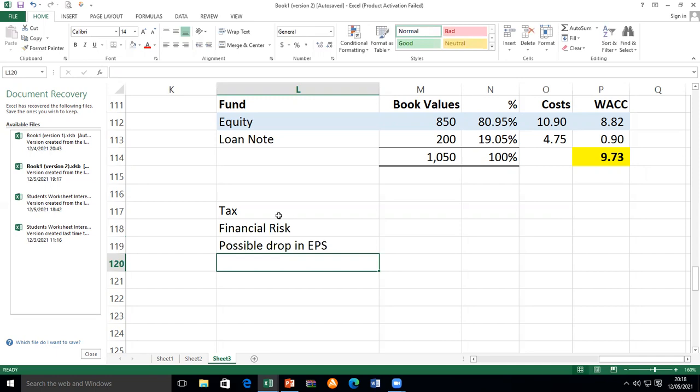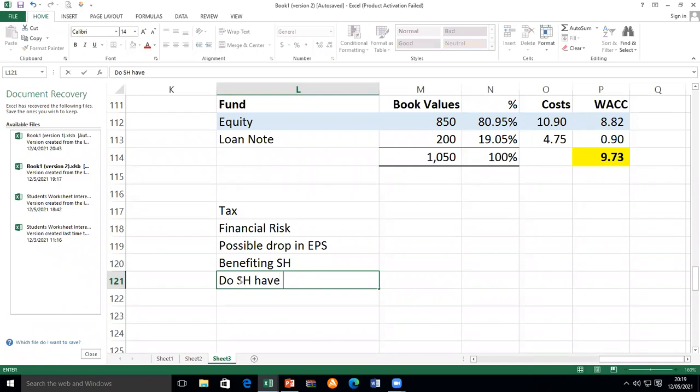So you look at these factors. Via a rights issue, you're benefiting your shareholders. Your shareholders have the money. If you extend the rights issue, the shareholders have the funds. What issue price would I accept?